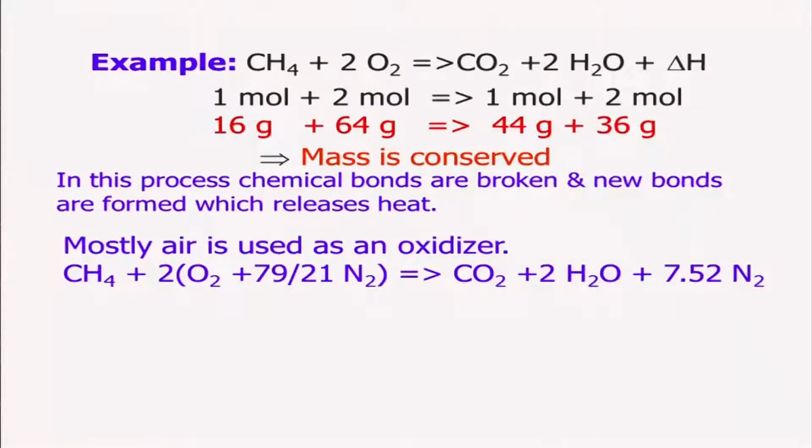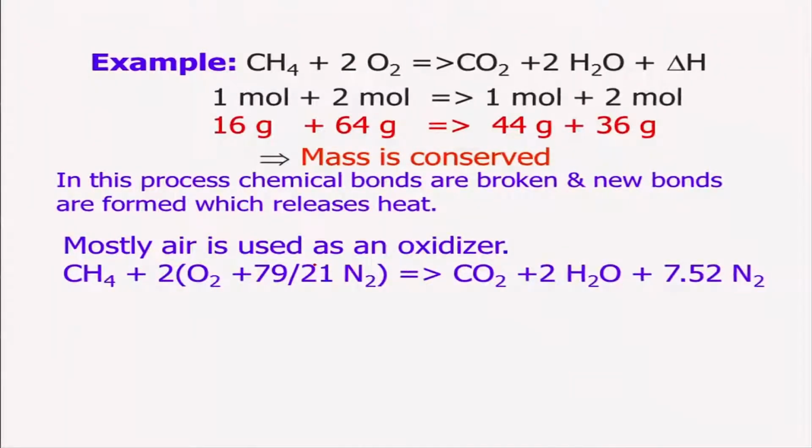So, mostly air is used as an oxidizer, and if you now replace oxygen in the chemical reaction with air, we say that air has 79 percent nitrogen and 21 percent oxygen.